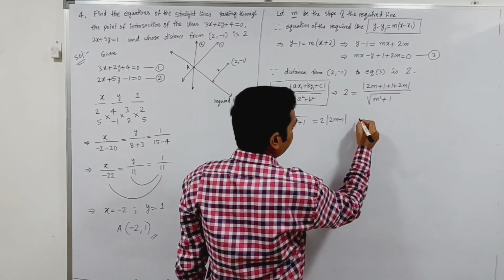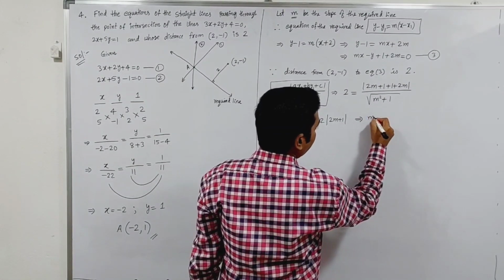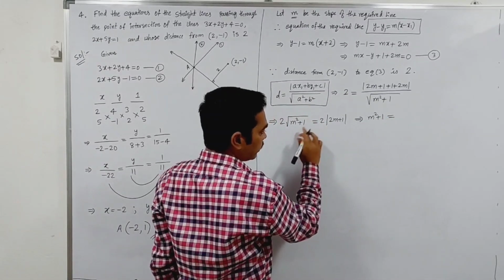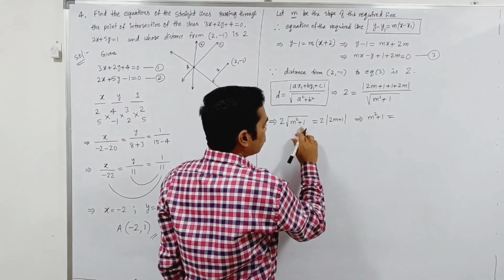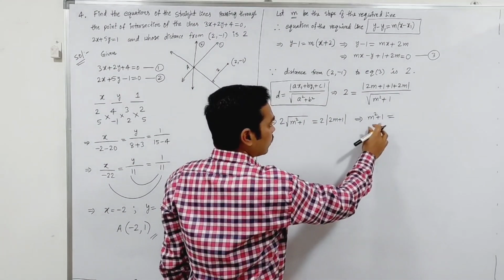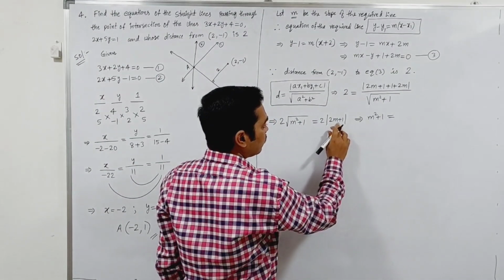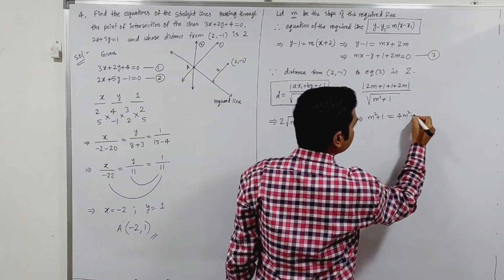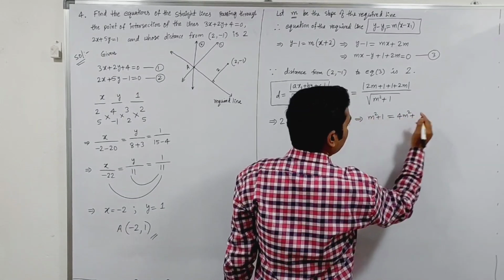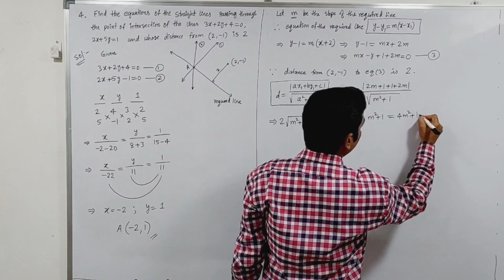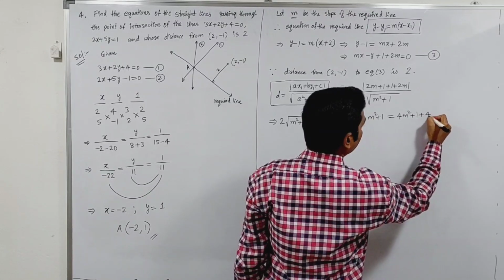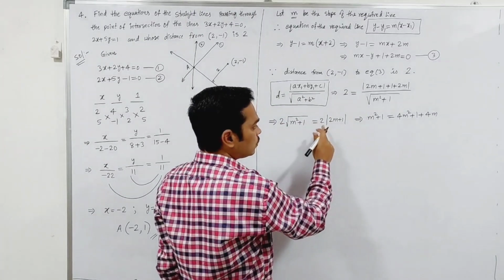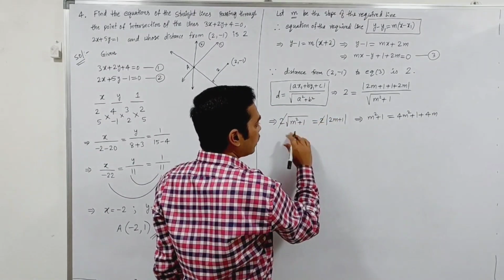Squaring on both sides, we get m square plus 1 is equal to, roots cancel, m square plus 1 on the left side. On the right side, 2m plus 1 whole square means 4m square plus 1 plus 2ab, that is 4m.